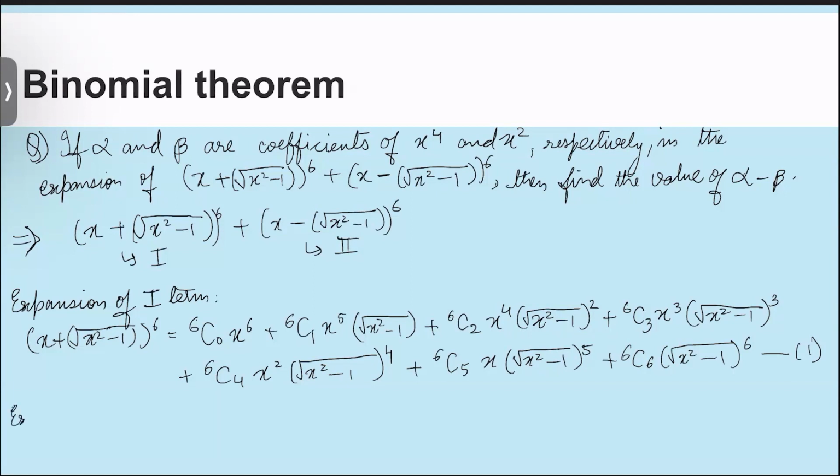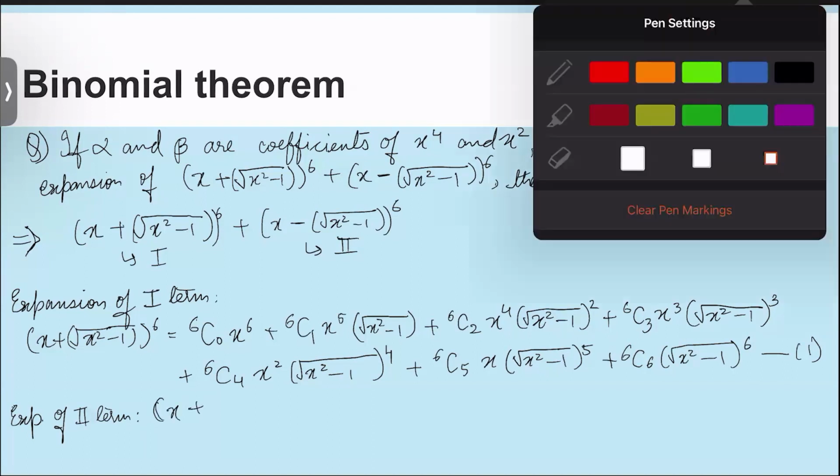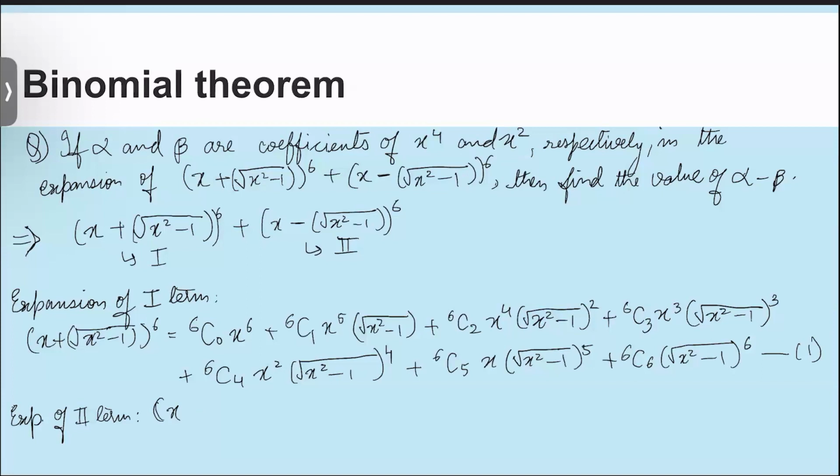Now we will expand the second term. Okay, so the term that we have is x minus root of x squared minus 1 the whole raised to 6. Okay, so now in place of b, we will put minus root of x squared minus 1.